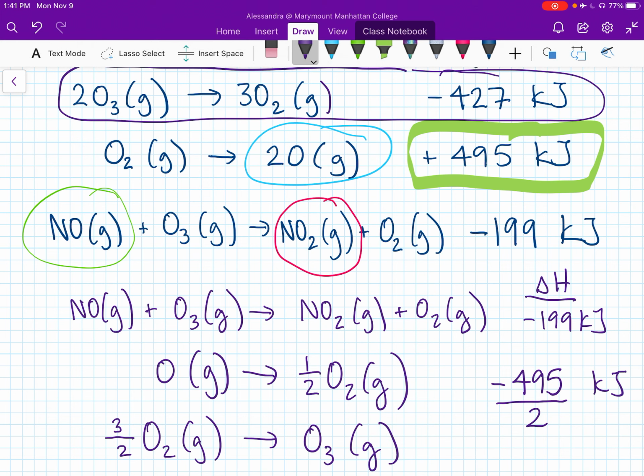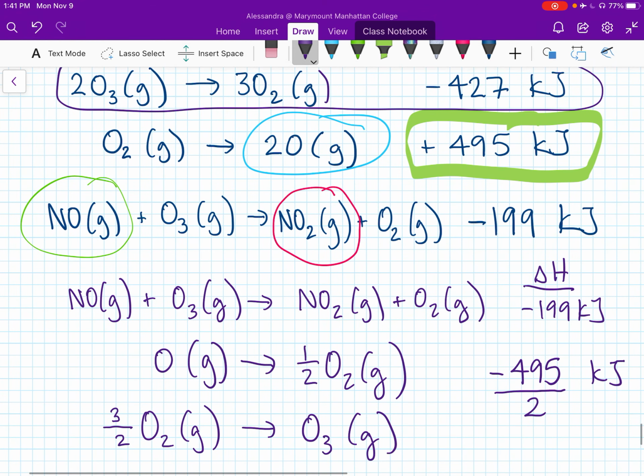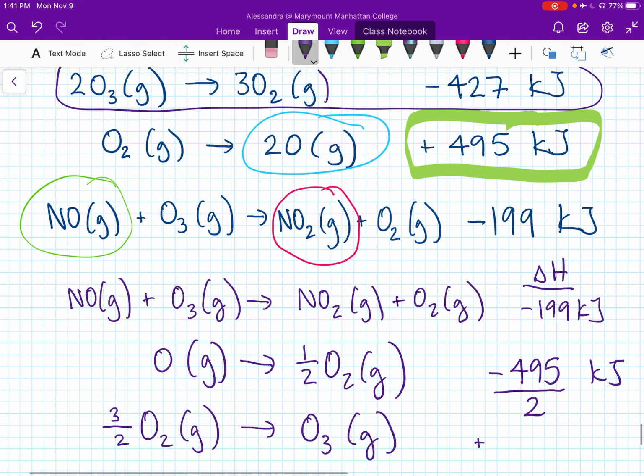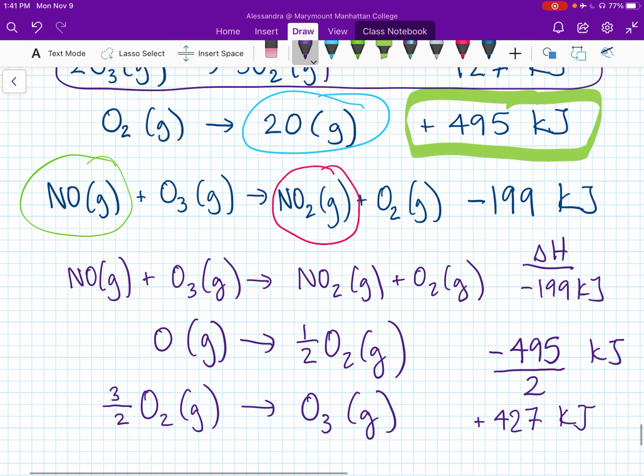So I flipped the reaction over and I divided it by 2. So that means I'm going to have to flip the sign of the delta H, so it's plus 427 kilojoules, and I'm going to have to divide that by 2, so I'm putting a 2 there.